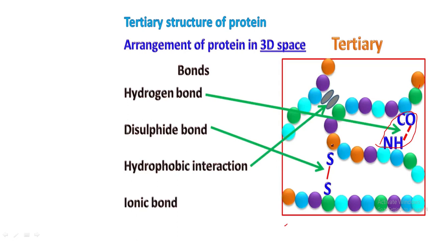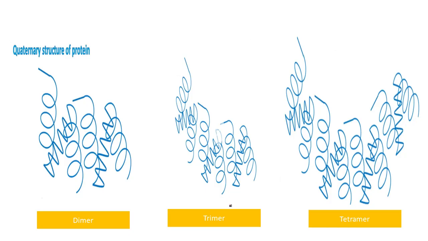There are also sulfur-containing amino acids, cysteine, cysteine, which provide the sulfur for disulfide bonding. Again, these are stabilizing forces. Sometimes these tertiary structures are stabilized by hydrophobic interactions, as you can see here. So these are the basics of the tertiary structure, and these are arranged in 3D space.